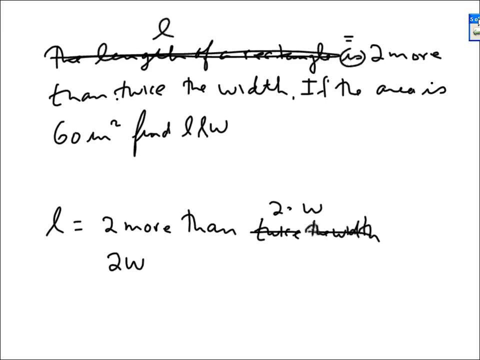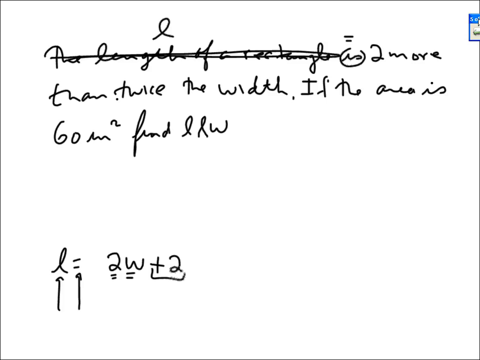Well, here's 2W, and here's 2 more. The length of the rectangle is 2 more than twice the width. I can read it backwards. So that's what we have.